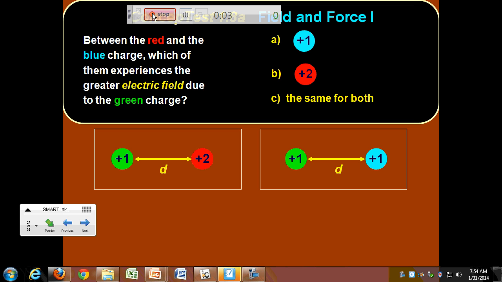Which experiences the greater electric field due to the green charge? Red or the blue?